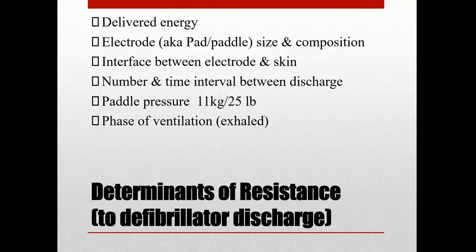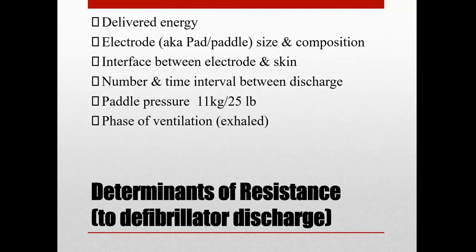The electrode size and composition: currently there really isn't enough data to recommend a specific electrode size for optimal external defibrillation in adults, but it's reasonable to assume that a pad or paddle size of greater than 8 centimeters is what needs to be used. The interface between the electrode and the patient's skin: the use of liquid gel for paddles or solid gel on electrode pads decreases resistance and prevents burns to the patient's skin, as I've mentioned before.